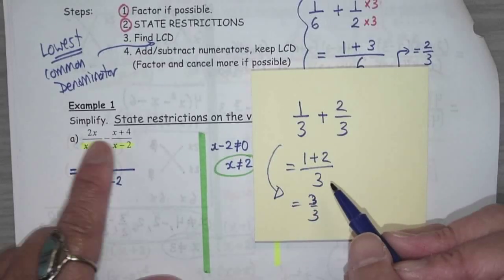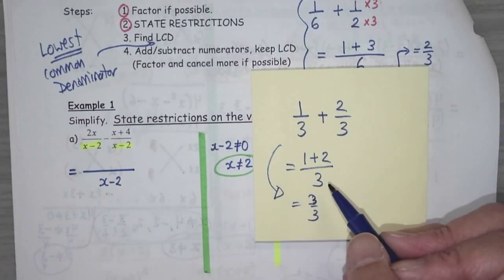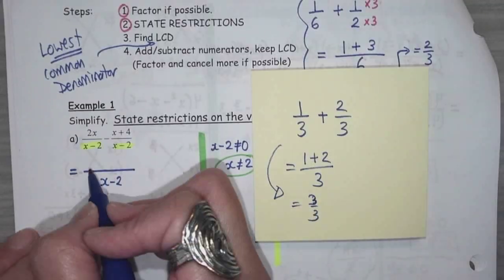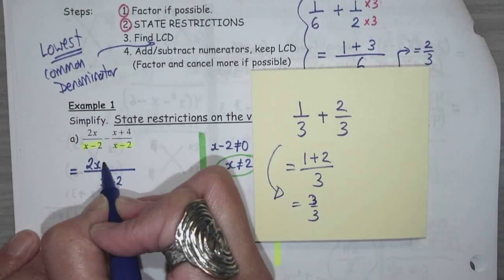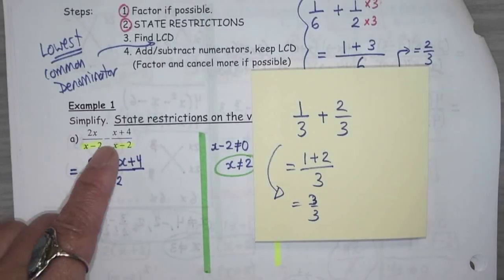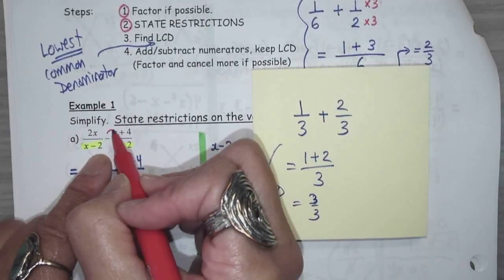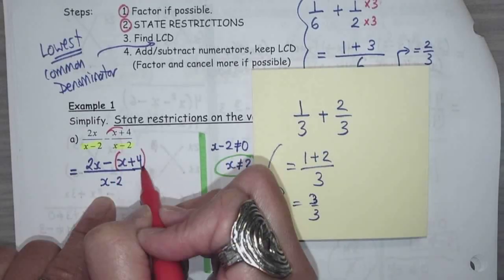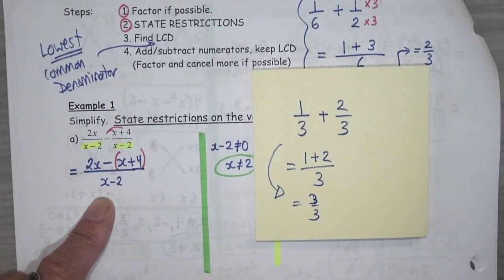And we're going to subtract the tops, or add whichever the operation is. So here, I'm going to go 2x minus x plus 4. And I want to minus both of them. Like that's for both of them. So you got to put a bracket, or you got to distribute the negative. I want to subtract both of the terms there.